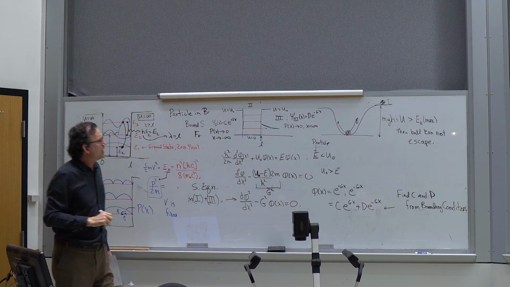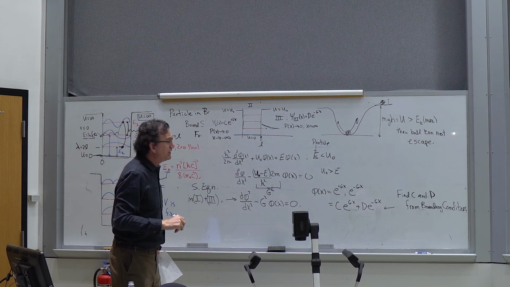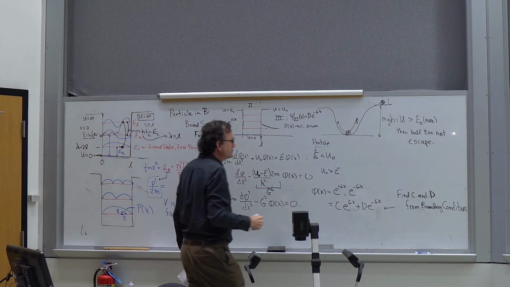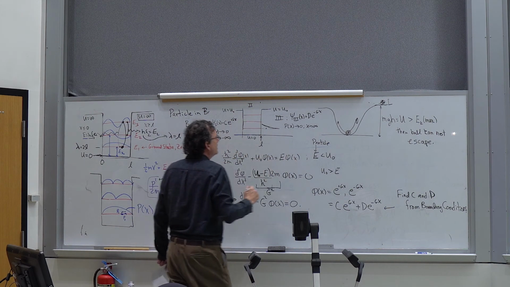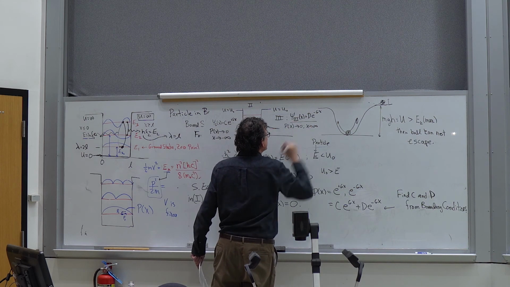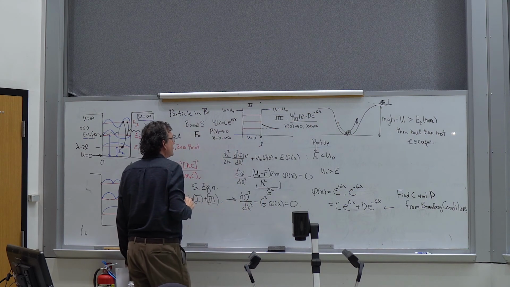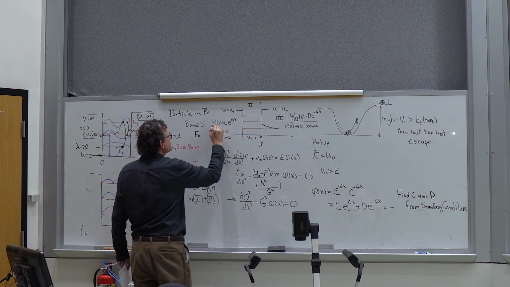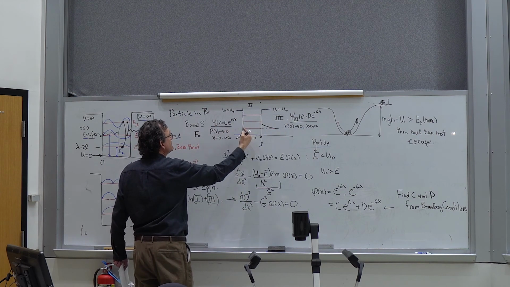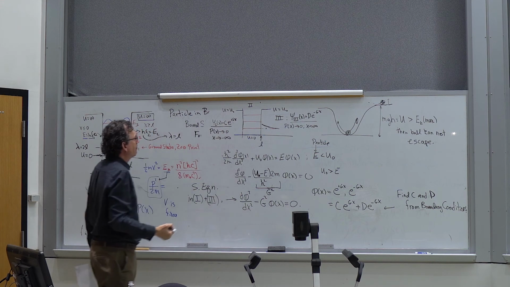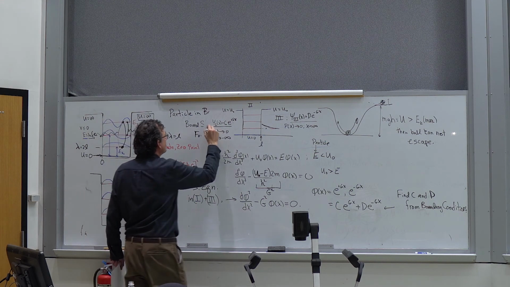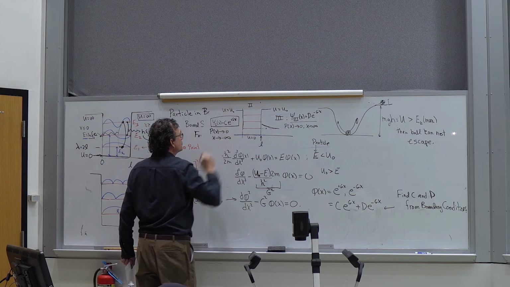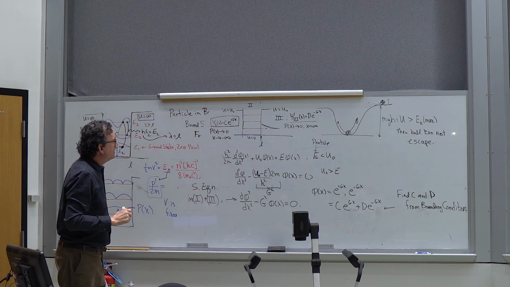Okay? So I have now eliminated one of the constants on each side of the well, namely that this is the solution of the wave equation in this region, and this is the solution of the wave equation in the region on the other side of the well. All right? So I now have two solutions involved here.